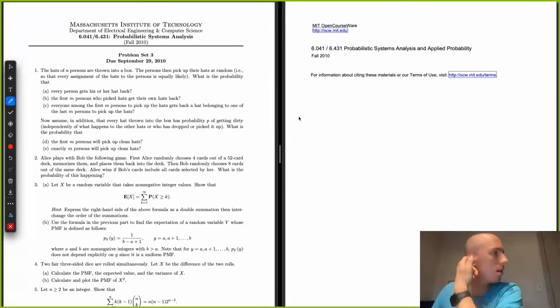The number of those tuples is almost like we fix the first m, and then the n minus m remaining are variable things.